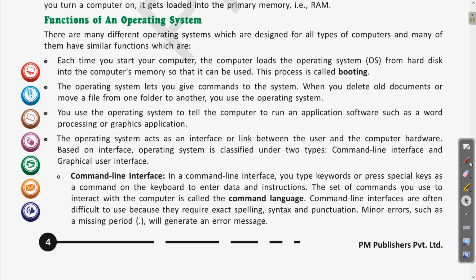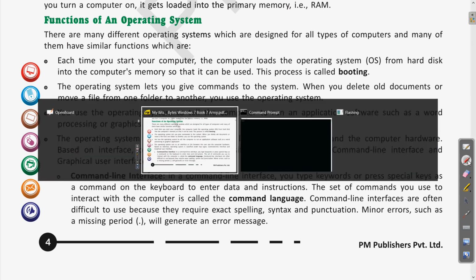If I give you an example, you can see here, this is an example of the command prompt. Here if I write some command like date, you can see the displayed thing is the date. Clear?